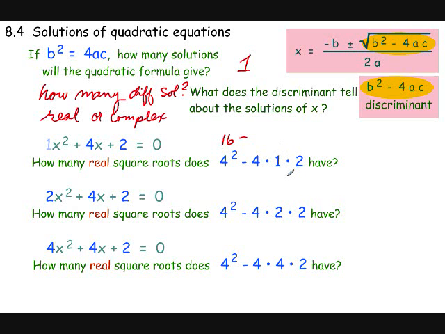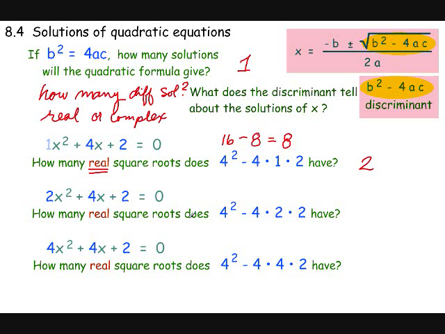What will that be? 8. We don't have to take this any further. We see that we have a positive number. When we have a positive number, we know as far as real square roots that we're going to have 2 real square roots.